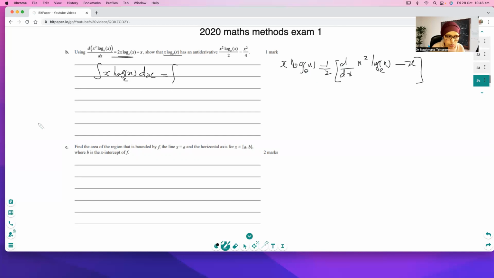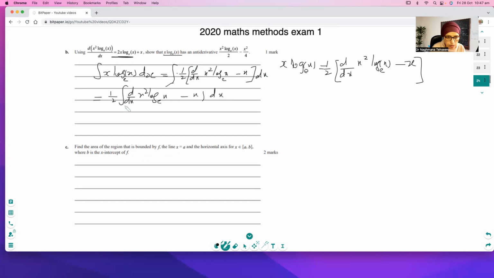So this whole thing is equal to 1 over 2 d over dx of x squared log e x minus x squared over 2 dx. And then we can rewrite it, taking the 1/2 outside, d over dx of x squared log e x minus x squared over 2 dx, right?